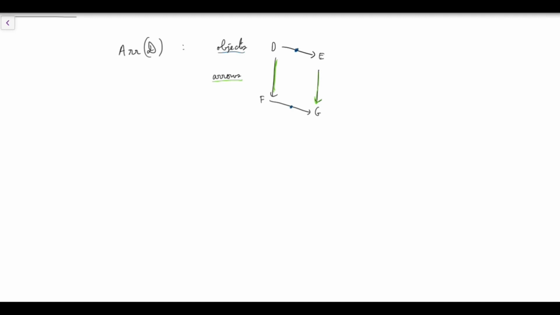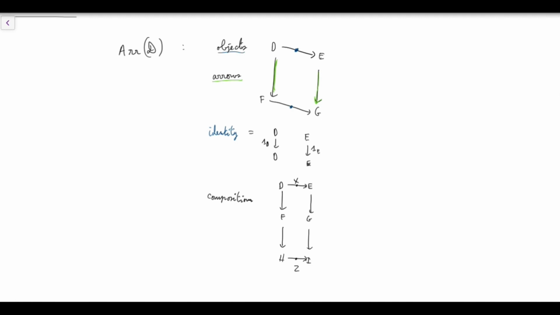And to define a category, we also have to define the identity. In this case, the identity is very trivial. We just consider the pair of identities, 1D, 1E in that case, and that would obviously satisfy the condition for being an arrow. And we have to define the composition.